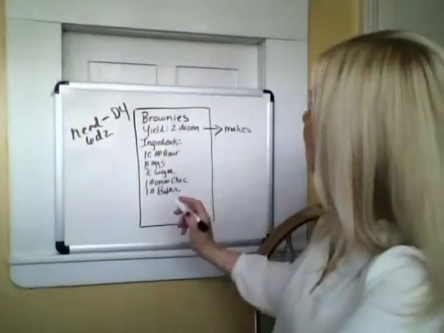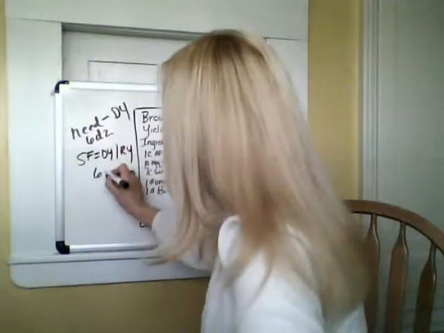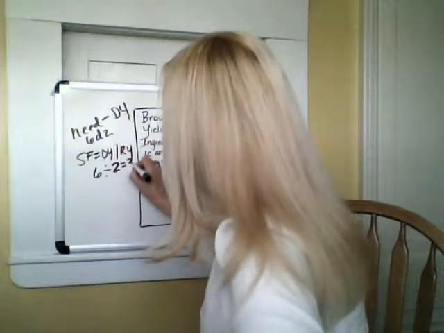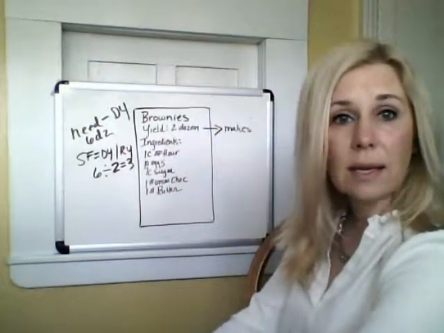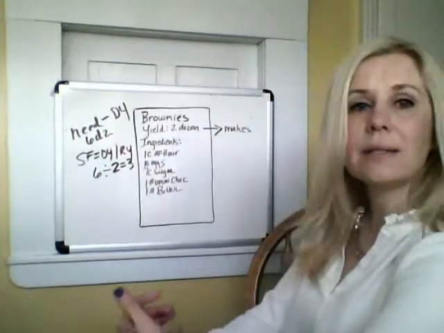So in this case, if scaling factor equals desired yield divided by recipe yield, you are going to take 6 divided by 2, and you are going to get a scaling factor or recipe conversion factor of 3. What does that mean?